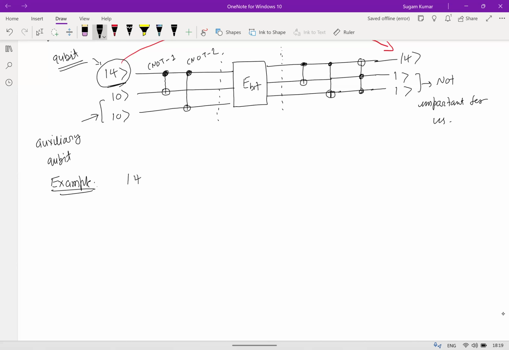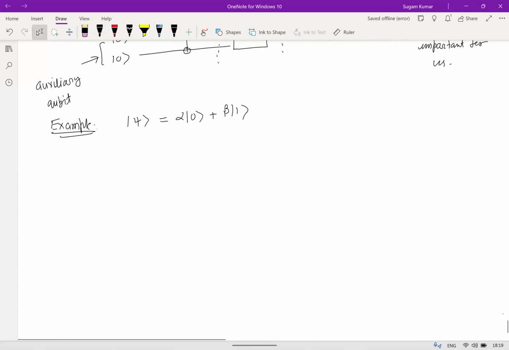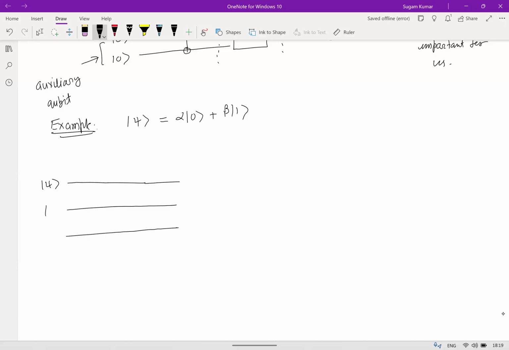In the example, let's say my qubit is in superposition, alpha 0 plus beta 1. So this is my initial qubit, which I have. And along with that, I'm going to create two more auxiliary qubits, 0, 0.